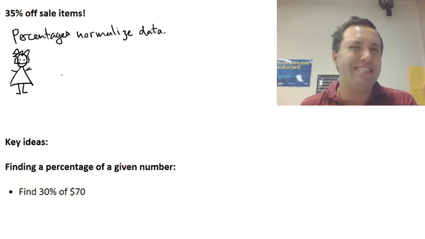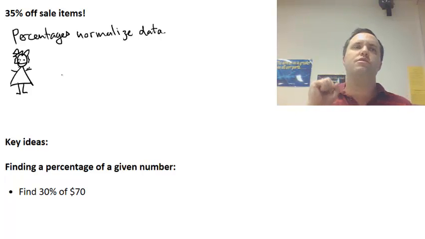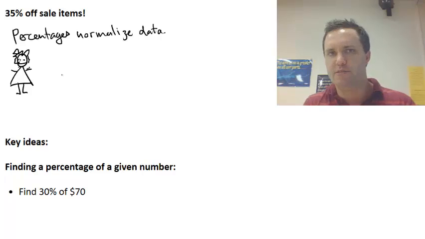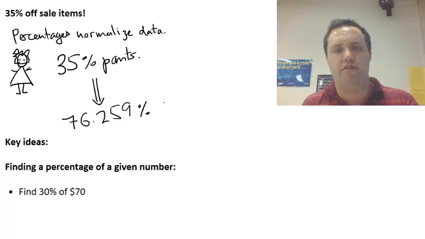Percentages help to normalize that, because stores will tell you how much their stuff's been reduced in percentages. It's way easier to compare percentages than fractions and decimals necessarily. It's way easier for Olivia to see that this store has 35% off pants, whereas this other store has 76.259% off their pants.